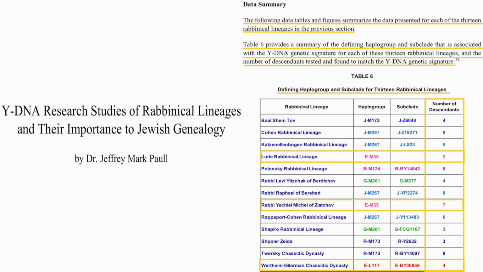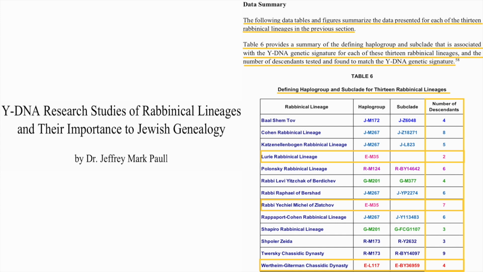According to Y-DNA research studies of rabbinical lineages and their importance to Jewish genealogy, it reads, "The following data tables and figures summarize the data presented for each of the 13 rabbinical lineages in the previous section. Table 6 provides a summary of the defining haplogroup and subclade that is associated with the Y-DNA genetic signature for each of the 13 rabbinical lineages and the number of descendants tested and found to match the Y-DNA genetic signature."